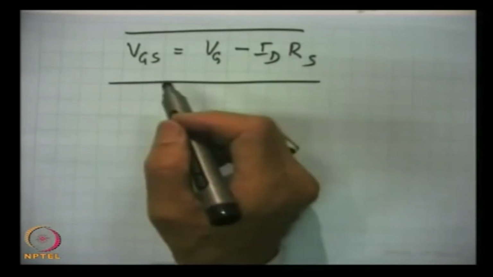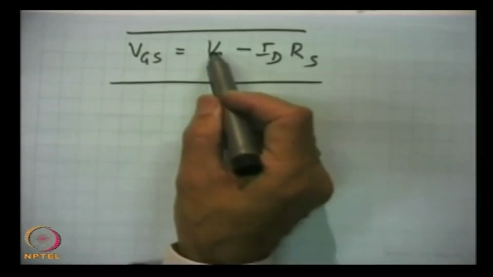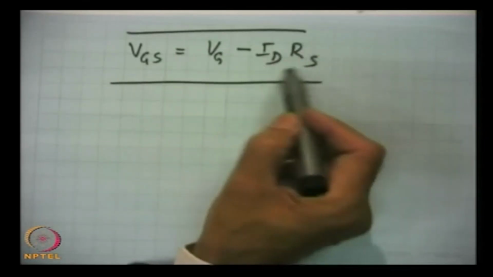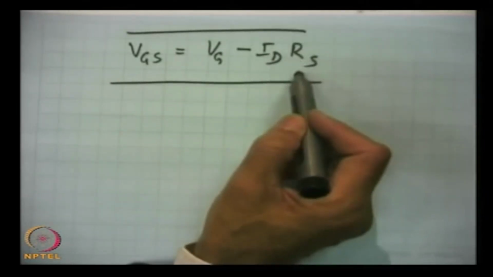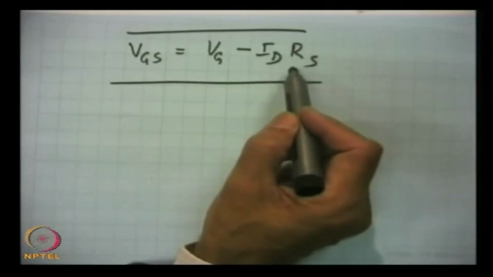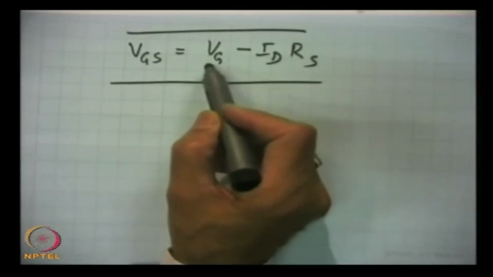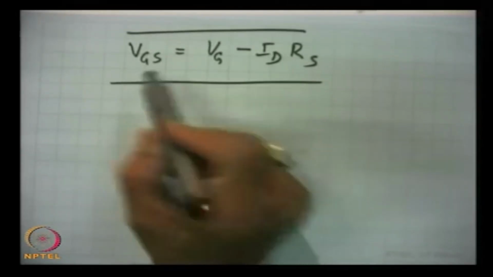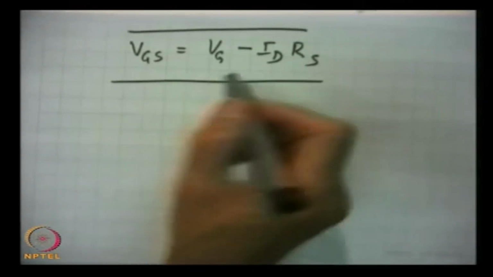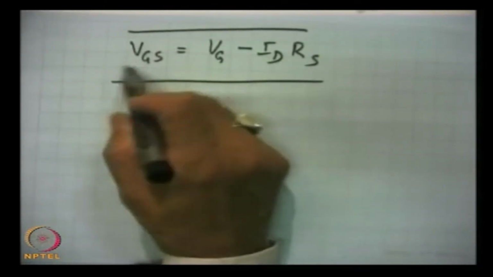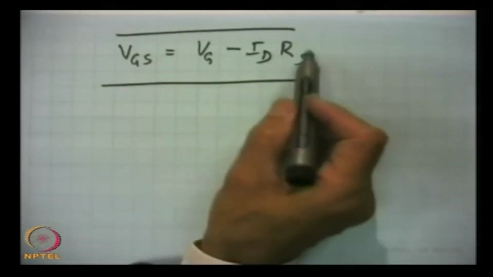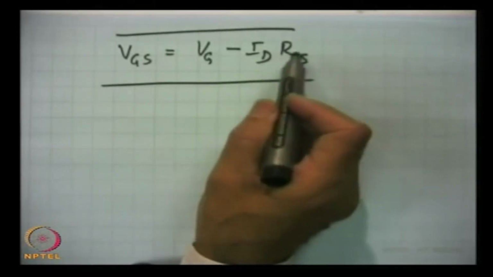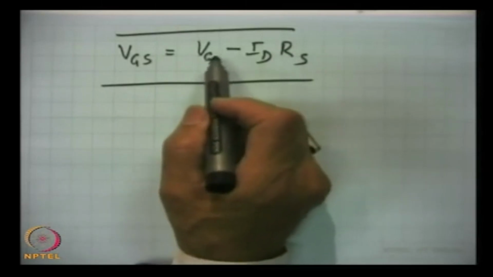If it is to be positive, then Vg must be greater than ID Rs. The drop across this resistance should be smaller than Vg, that will give a positive value of VGS. Or if a negative value is desired, then the drop across resistance Rs has to be higher than Vg.